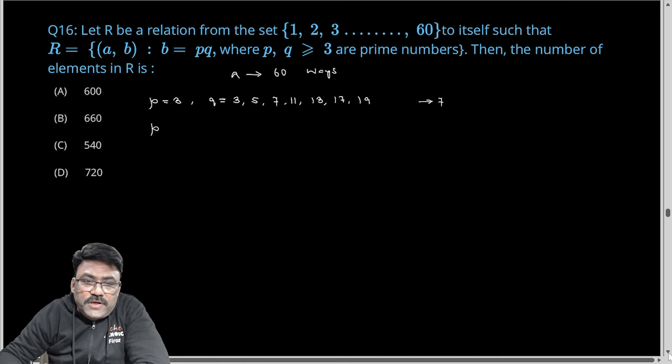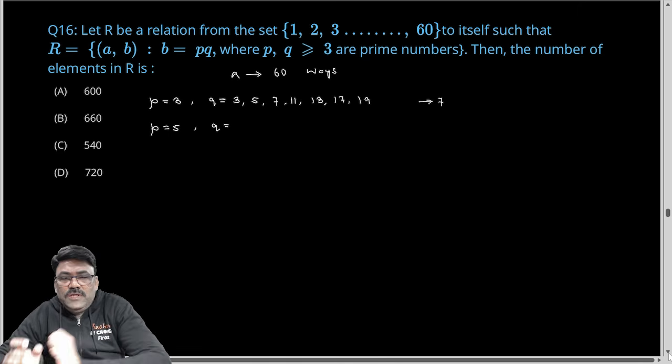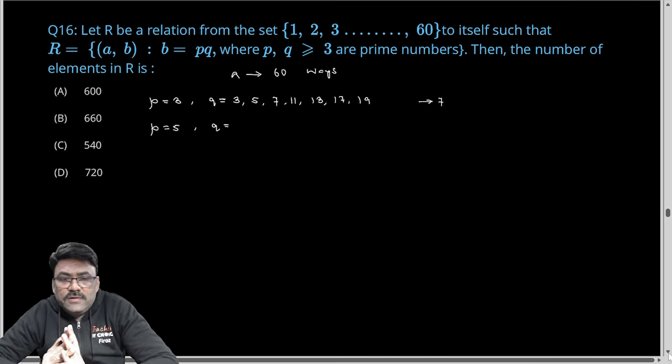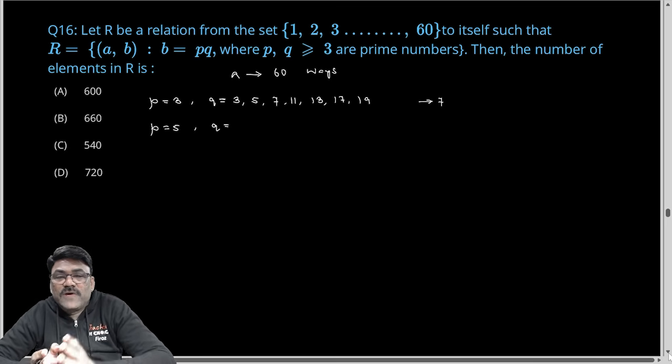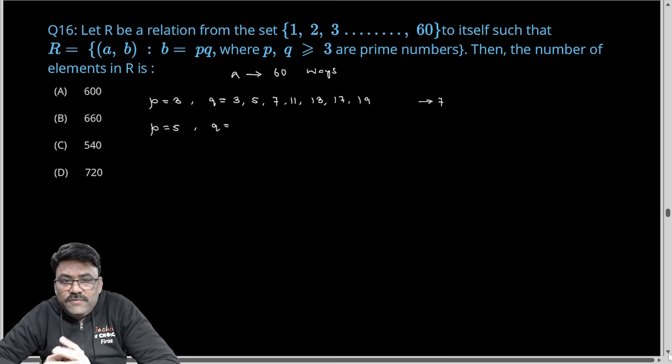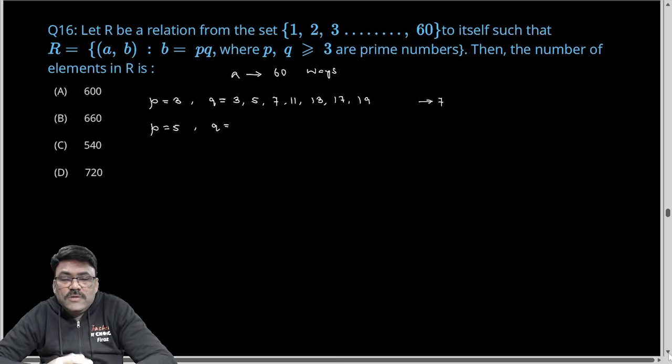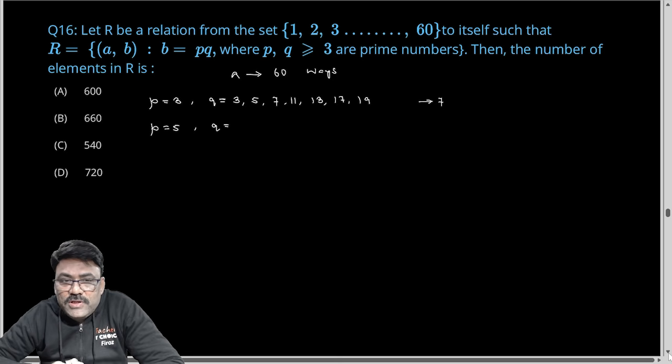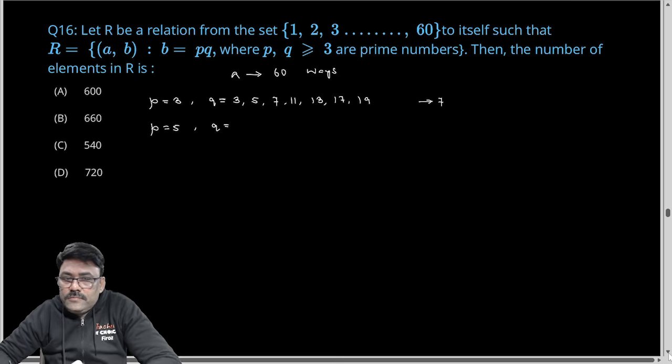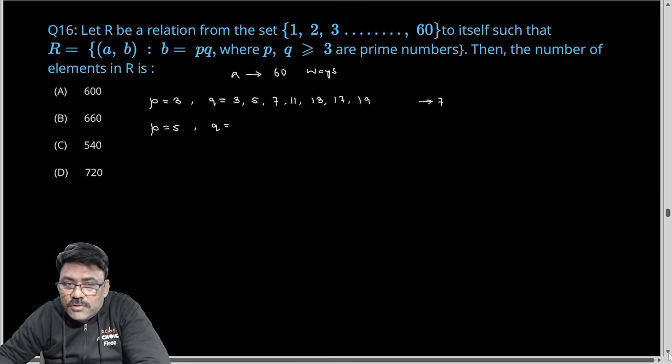If I take P as 5, then Q will be, since you have already taken 3 into 5, you will not take 5 into 3, because 3 into 5 and 5 into 3 both give the same B. So take Q greater than or equal to 5 in this case.